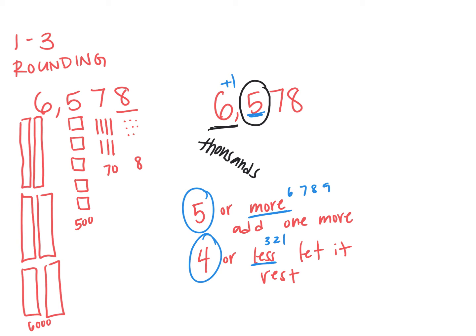Our rounded number will be 7,000 because we're adding 1 to the 6,000, and the rest is going to be 0 because rounding means making the number easier and clearer to see. Everything after, including the circled digit, becomes zeros. So 6,578 rounded to the nearest thousand is 7,000.